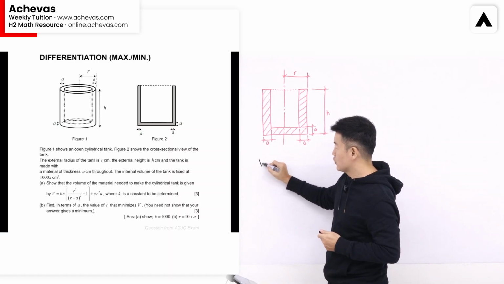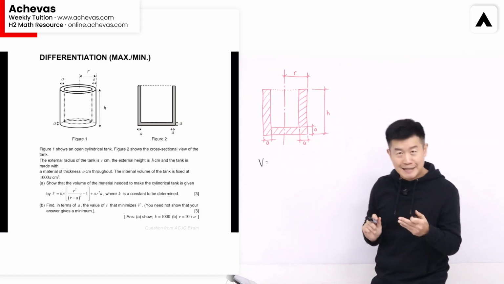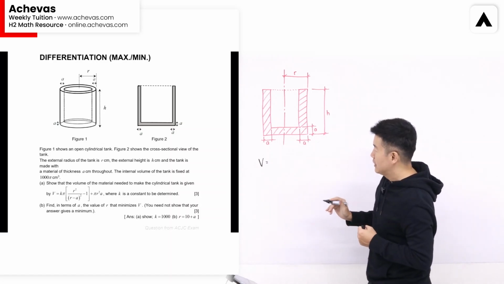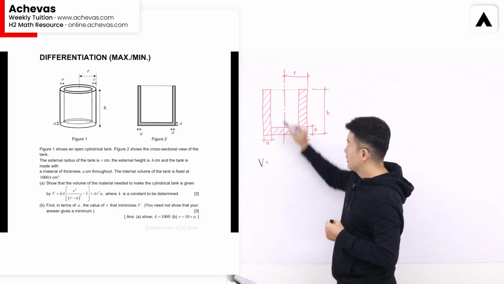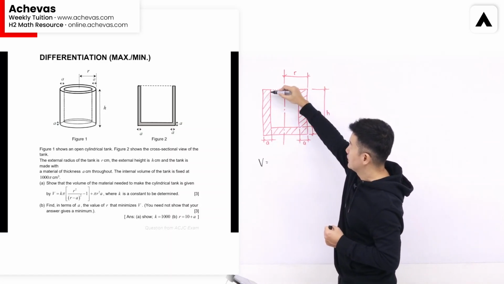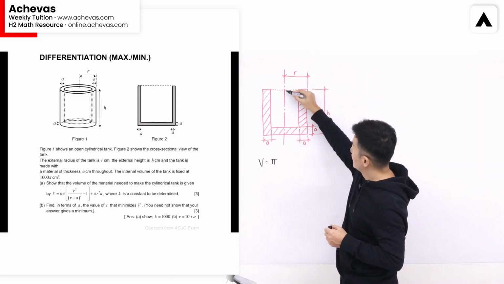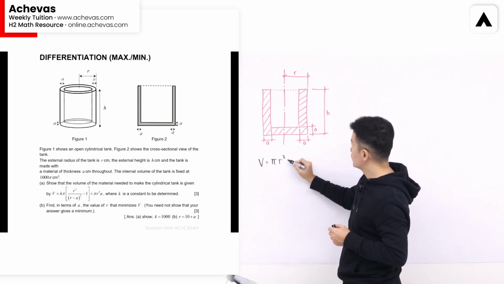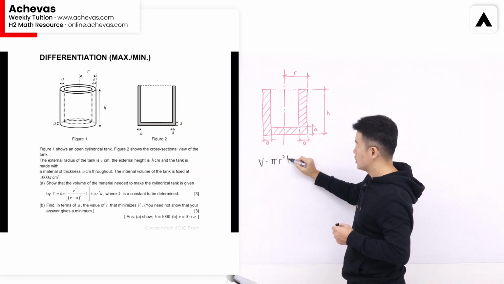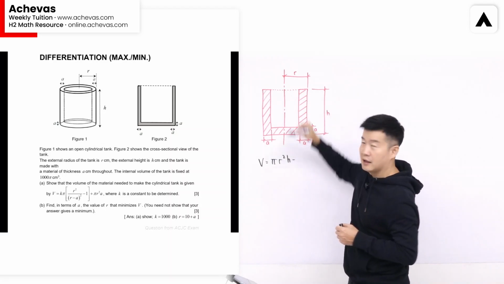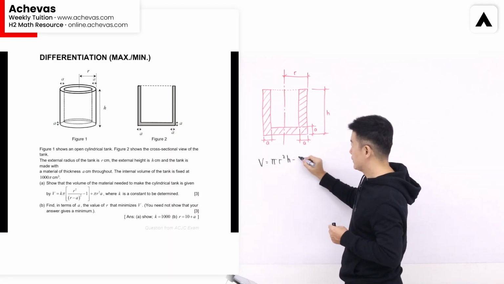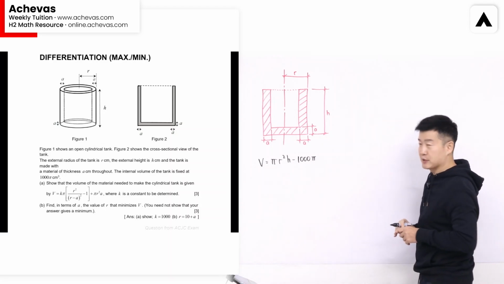So V, which is going to be the volume of the material that is used to build this tank, is going to be the volume of the big cylinder, pi r square h. So it will be pi radius r square height h minus away the internal volume. This is given to us, so we just need to write down what that is, 1000 pi.